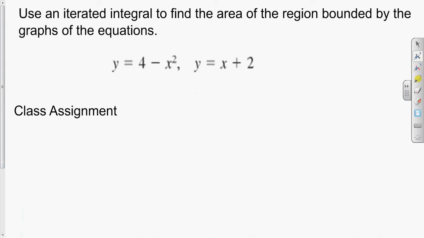Sounds like 9/2. Let's see if you got the right setup.